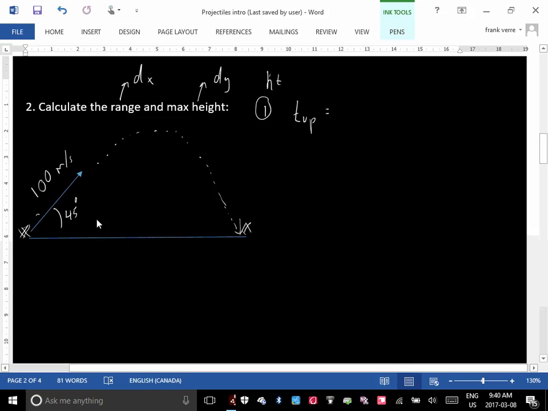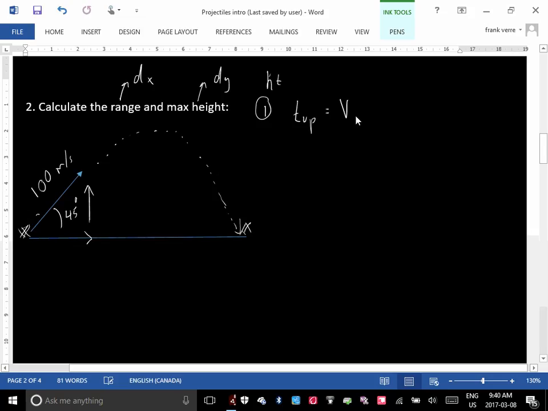Well, if I look at this vector, I'll notice it's pointing up, but it's also pointing to the right. So it has a vertical and a horizontal component. But if I want to know how long it takes to go up, what three things do I need to know?